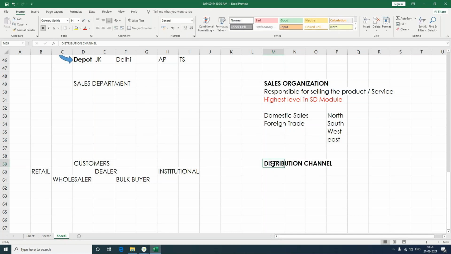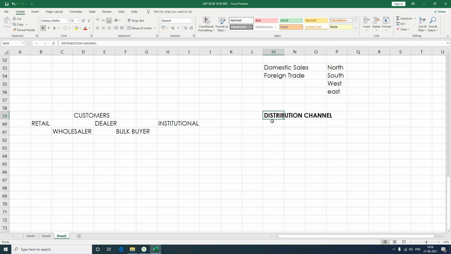Distribution channel over here is nothing but the channel through which saleable material reaches the customer.